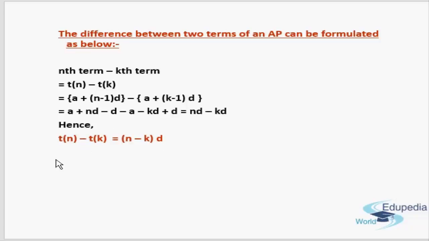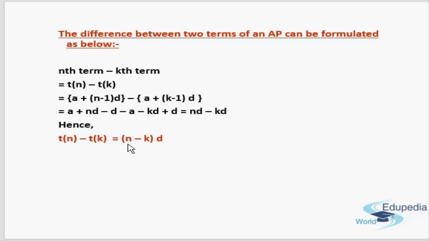So if you want to find out the difference between the 2nd term and the 29th term, the way to do that is that you basically find out n minus k into d. Try to keep n as the larger number, further down the arithmetic progression, because that way you can get a positive answer.